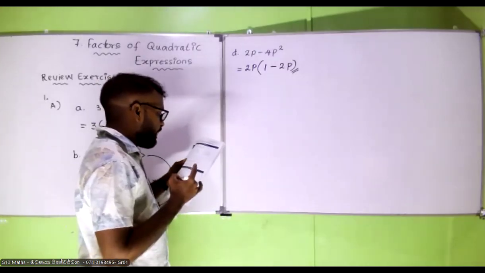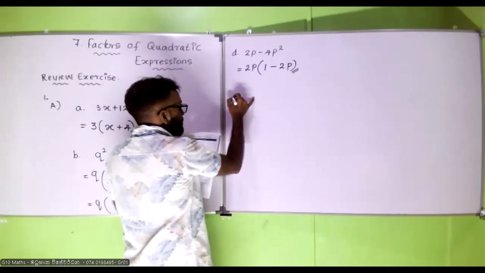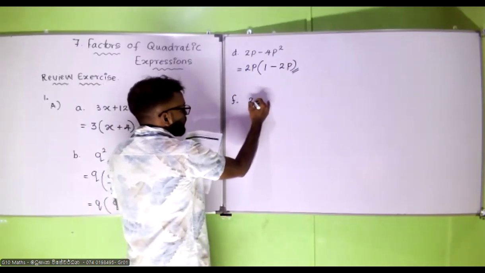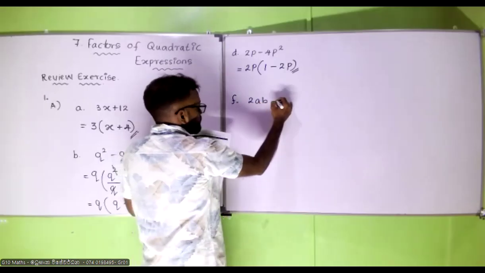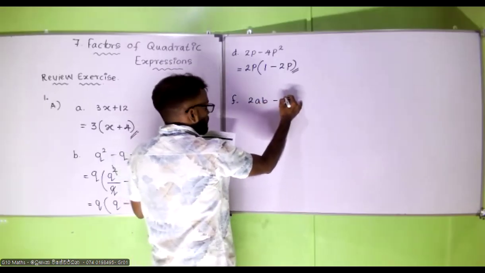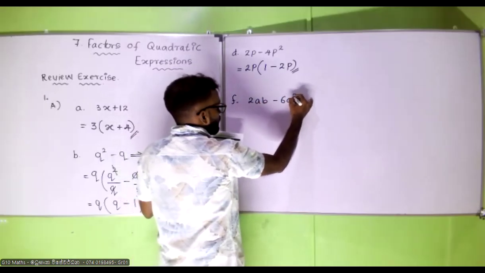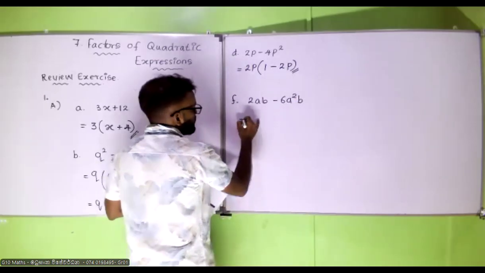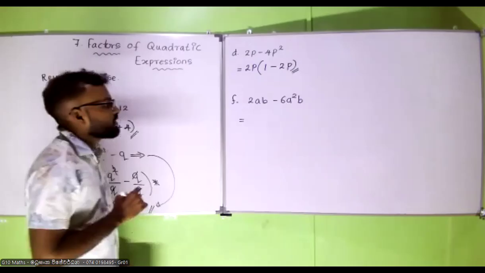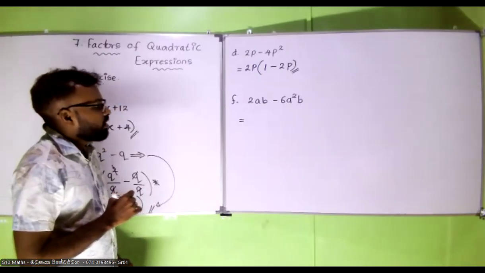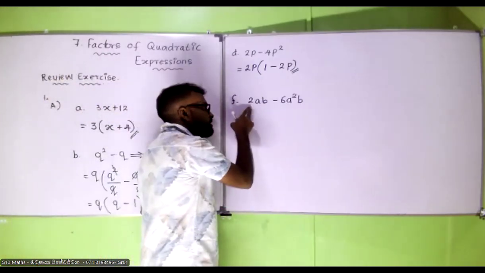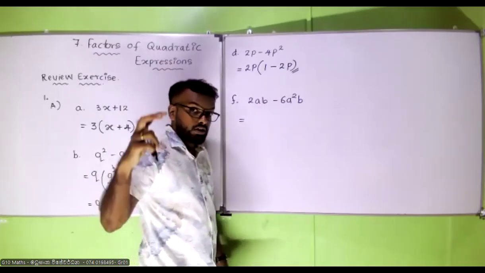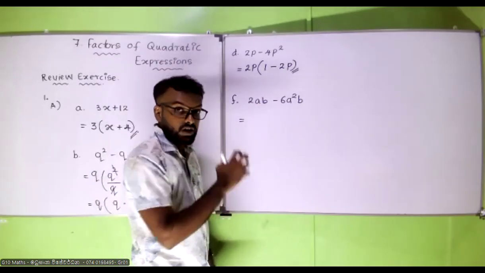Right? Then part F. 2ab equals, right? When you consider this term and this term, you need to calibrate your eyes to see what are the common factors at once.